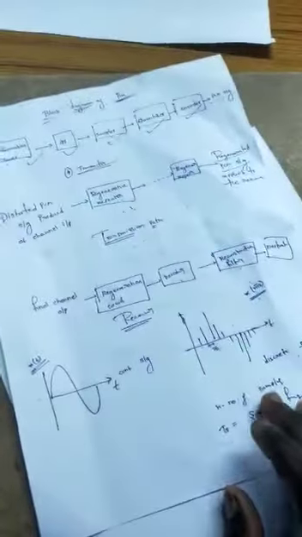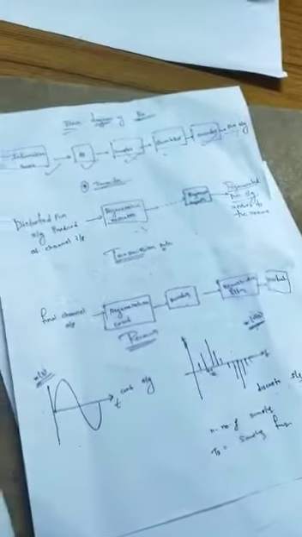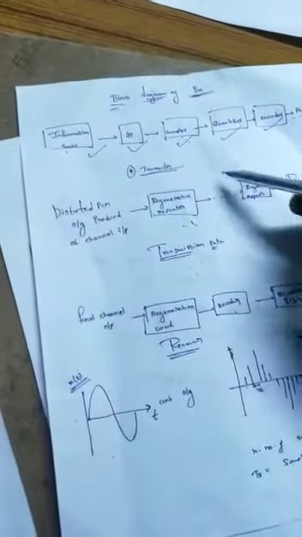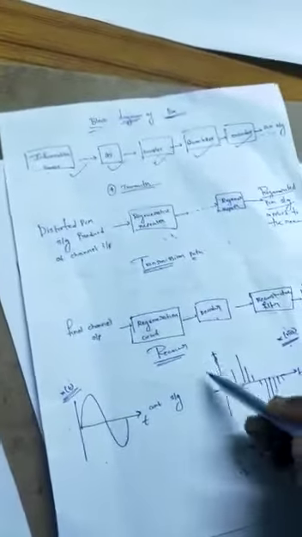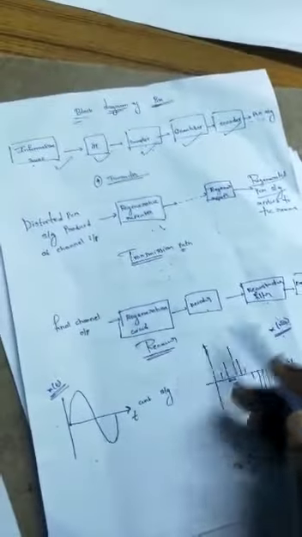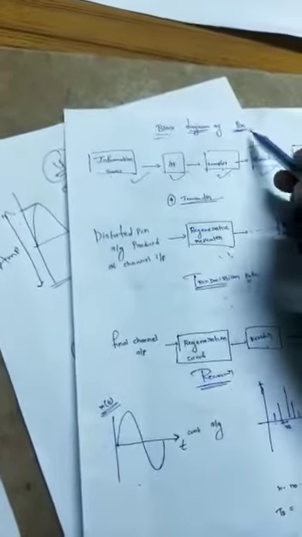Again, I will explain this. Block diagram of PCM system. We have 3 blocks: the transmitter block, the transmission path, and the receiver block. The main function of PCM is to convert an analog signal into a digital signal.